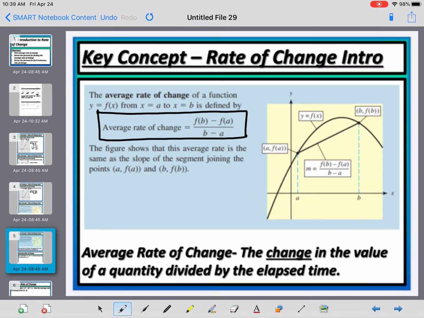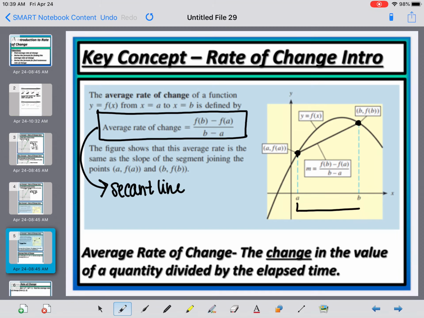So that's looking at the average over a period of time. You can see it in the diagram here. Take a second and quickly write down what this line demonstrating the average rate of change represents. Is that a tangent line or a secant line? So the average rate of change is a secant line because it goes through 2 points.